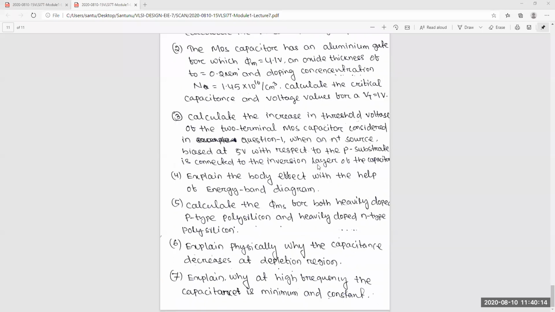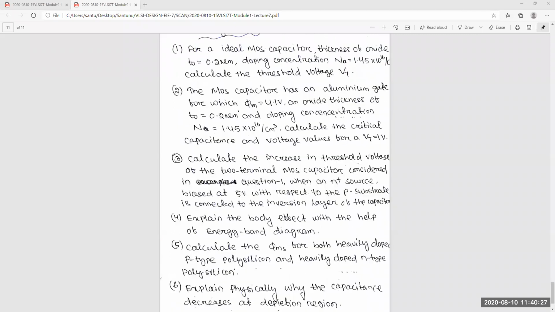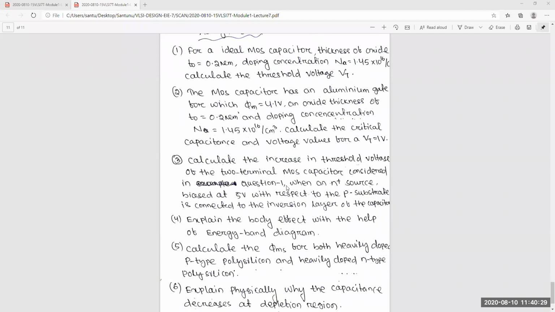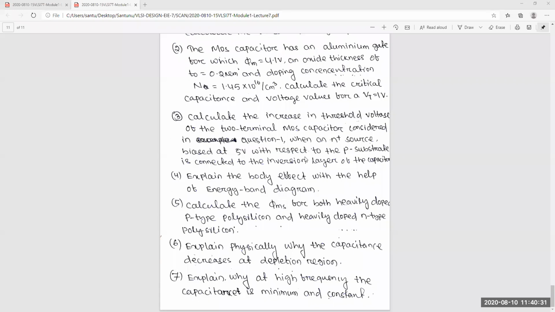So the third problem is related to the body effect. But we have gone through it now. The body bias is 5 volts. So you will apply the ideal MOS capacitor. Here you will not use the flat band voltage.